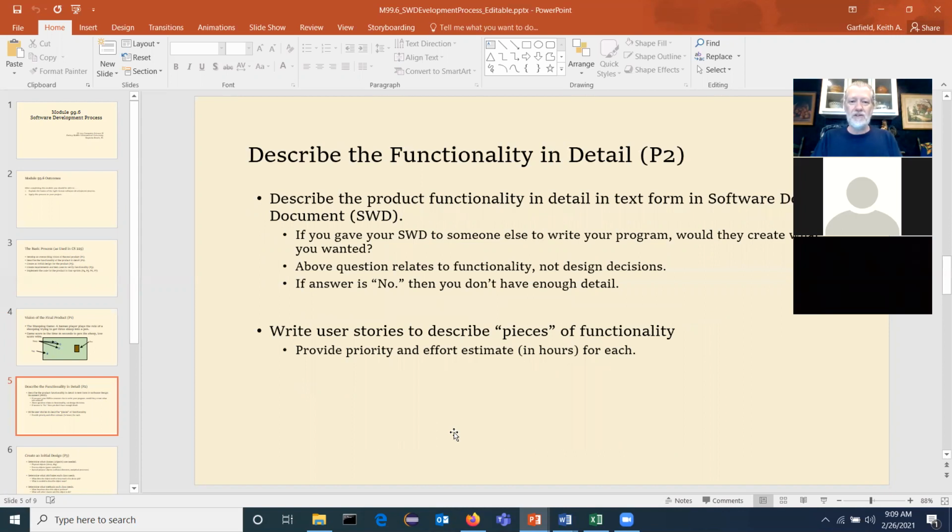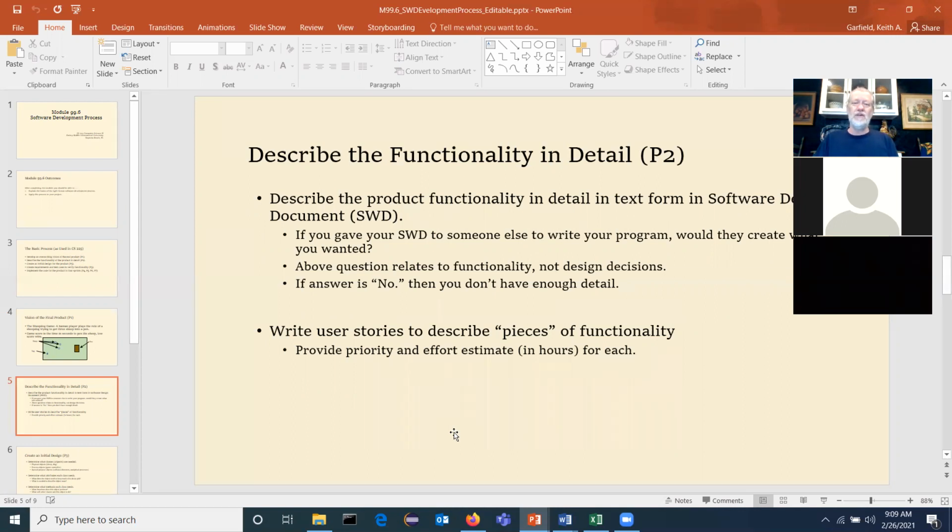Okay, now describing the functionality in detail, we talked about that. Here's kind of your test. If you took your description and gave it to somebody else, where you had no control over how the product was actually going to be coded in Java, would the thing that came back to you be a reasonable approximation of what you wanted?